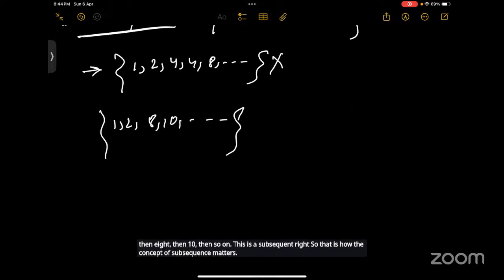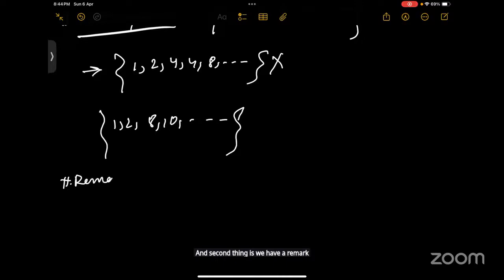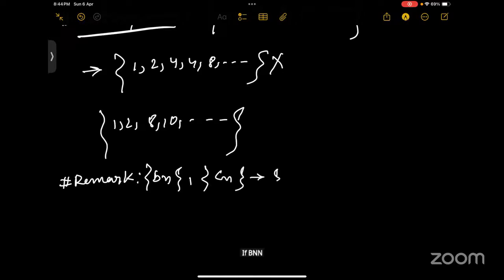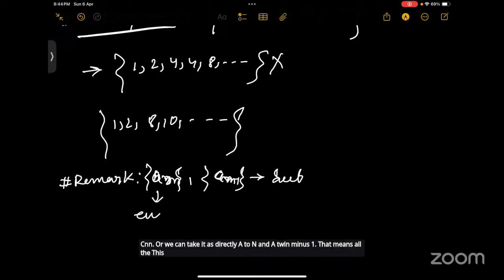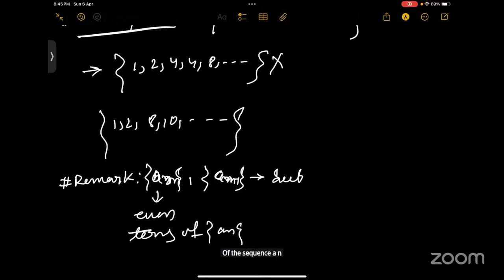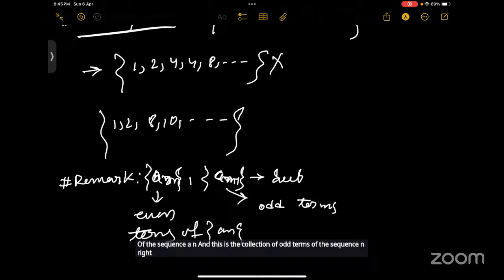So that is how the concept of subsequence matters. And the second thing is, we have a remark. If we take b_n and c_n, or we can take it directly as a_2n and a_2n minus 1, that means this is the collection of even terms of the sequence a_n, and this is the collection of odd terms of the sequence a_n, right?